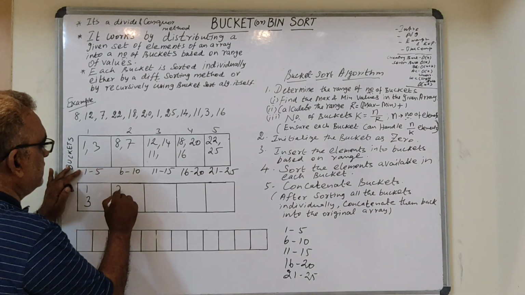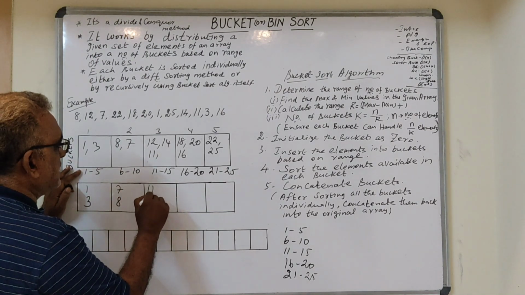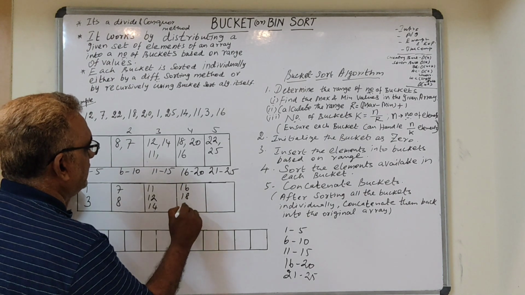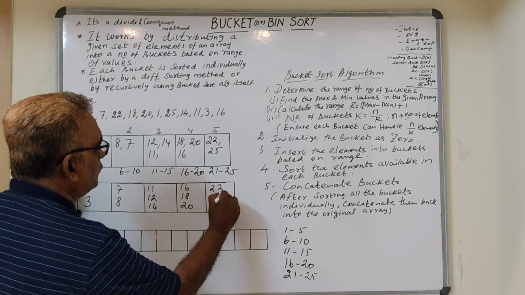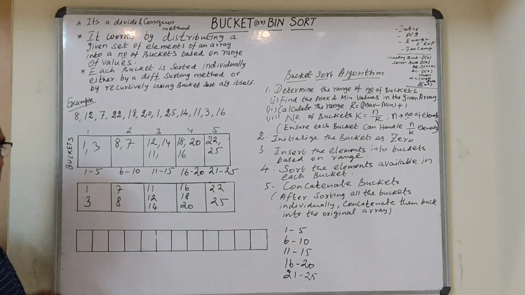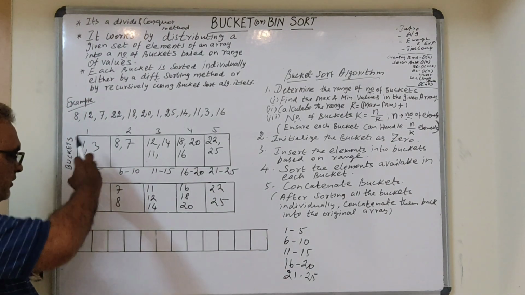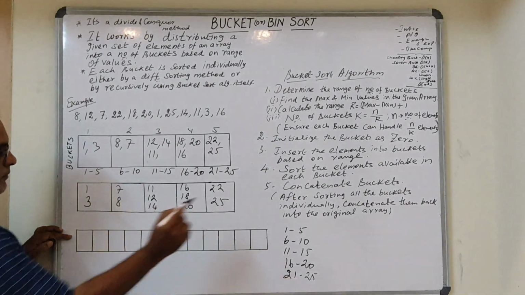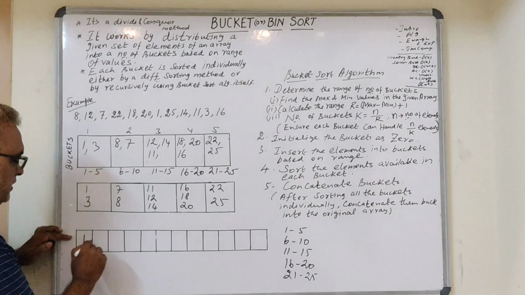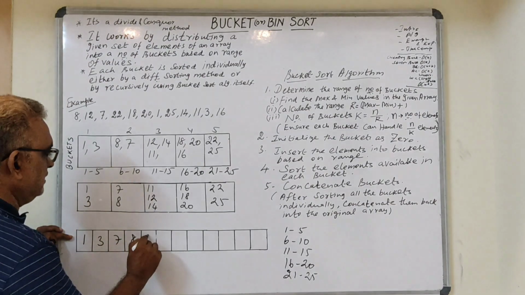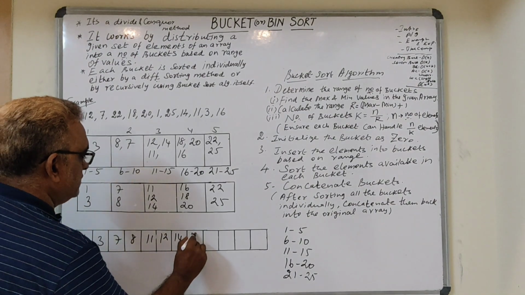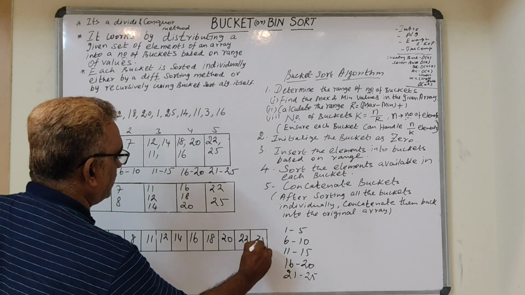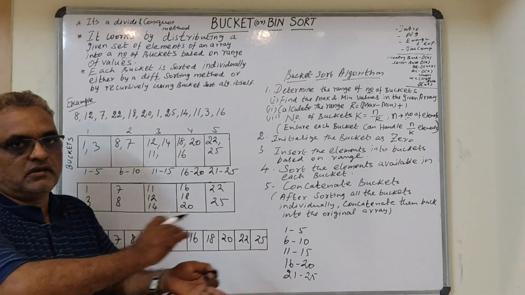This is 1, 3, this is 7, 8, this is 11, 12, this is 14, this is 16, 18, this is 20, this is 22 and 25. Now pop out the values from the buckets, the bins, and store them in the original array: 1, 3, 7, 8, 11, 12, 14, 16, 18, 20, 22 and 25. Now the elements are sorted.